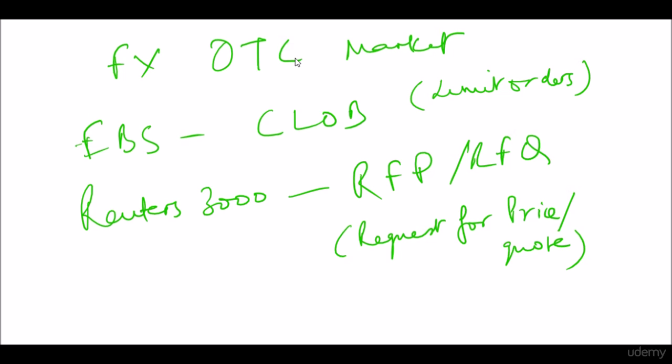Now, in contrast to the CLOB model is the request for quote model, which we will look at when discussing the interbank or the investment banking market. So in the request for quote trading method, the customer contacts his or her banks for a price. So they have a set of banks that they deal with, market makers who quote a bid and offer to the customer.